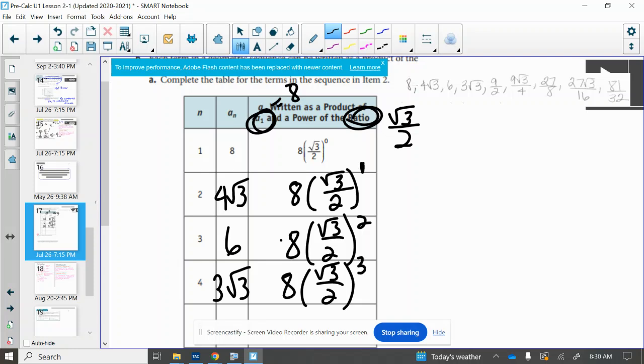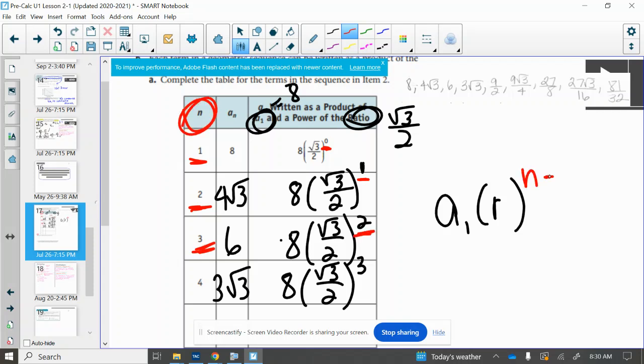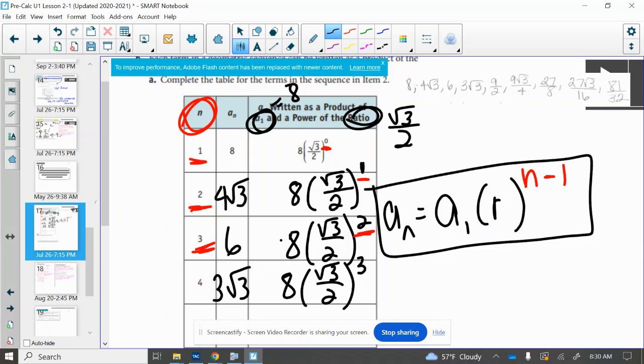So each time we are taking our first term times our common ratio, and notice it's not the n power, it's always 1 less than our n power. So whatever n is, but minus 1. This is going to be our rule for the explicit formula for our geometric sequence.